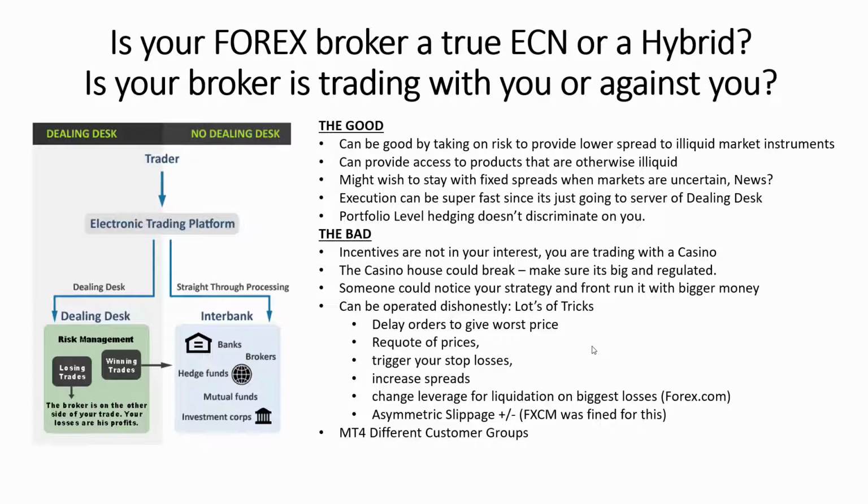So basically, is your broker trading against you or with you? Well, usually it's a bit of both if you're in a hybrid model, and it really depends how well you choose your broker. And the best, obviously, is to choose ECN brokers.